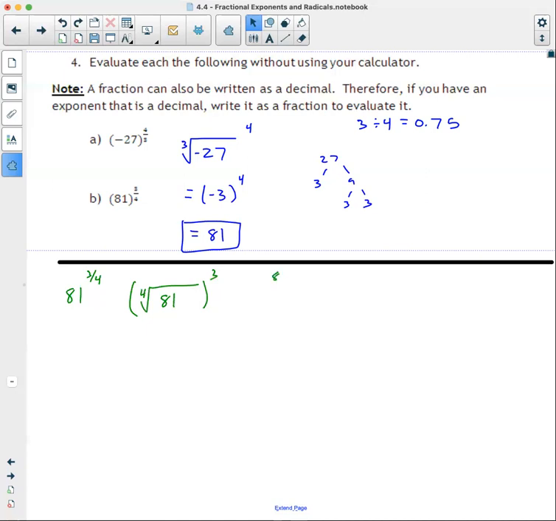So 81 can be broken down into 9 times 9 and 3 times 3. Okay, so the 4th root of 81 is 3. And then 3 cubed. 3 times 3 is 9. Times 3 more is 27. All right.